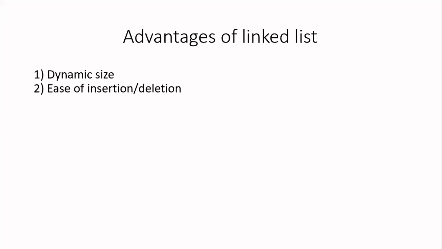Whenever I want to add a node, that time only I will allocate memory for that node by means of the malloc and calloc functions. If you want to add an element, you create memory for that element using dynamic memory allocation. So you never waste any memory in case of linked list implementation. And the second advantage is, if you want to insert or delete any element, no need to shift any other elements. We will see these things when we see the implementation.